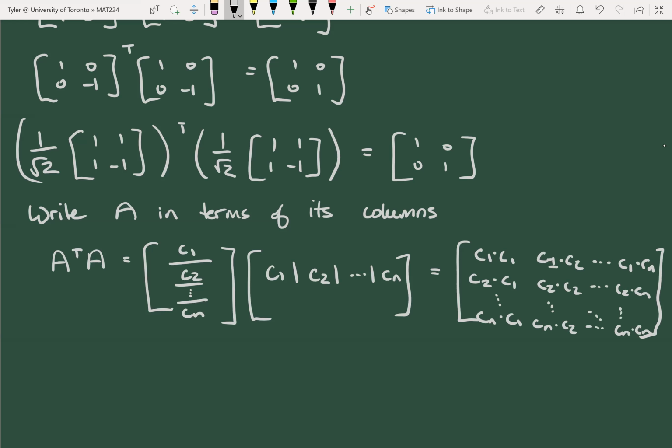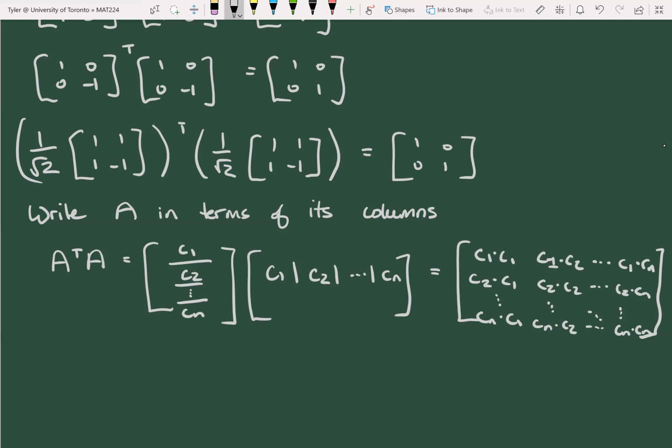So the way that you actually compute matrix multiplication is you take a whole bunch of dot products between the rows of the matrix on the left and the columns of the matrix on the right. So look at the resulting matrix: it is a bunch of just dot products of the columns of A with itself.